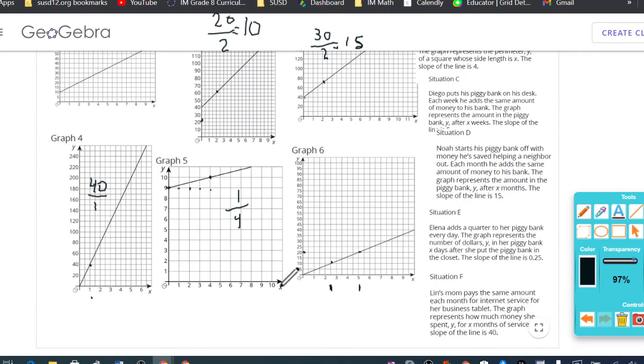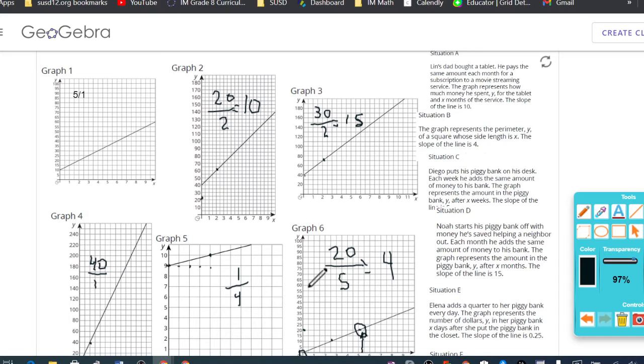So from the origin to this point, I can see the slope, well, the vertical change is going up 20 units. The horizontal change goes over 5 units. So my slope is 4. You have to reduce your fractions. Okay, now we can read the situations and figure out which situation fits which graph.